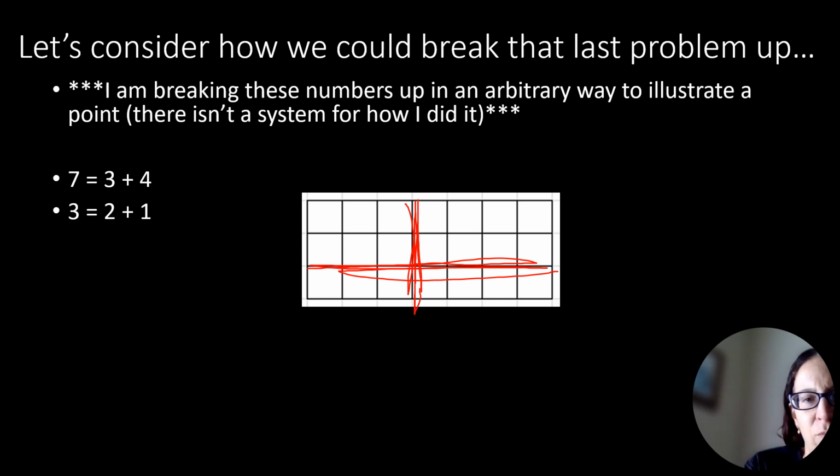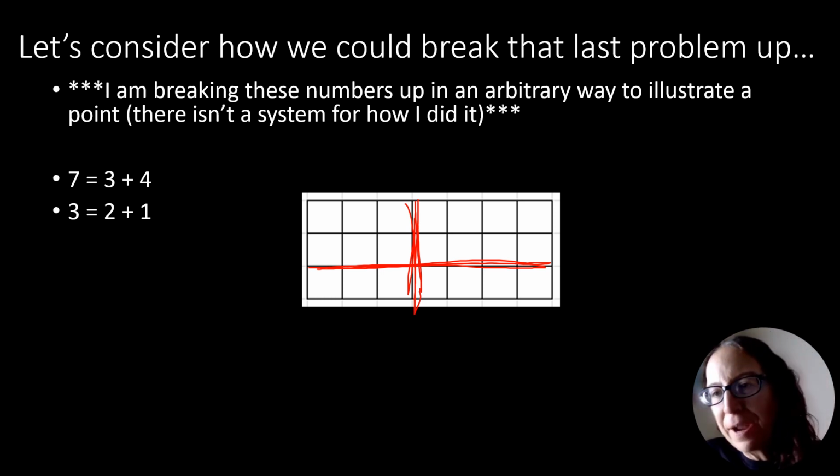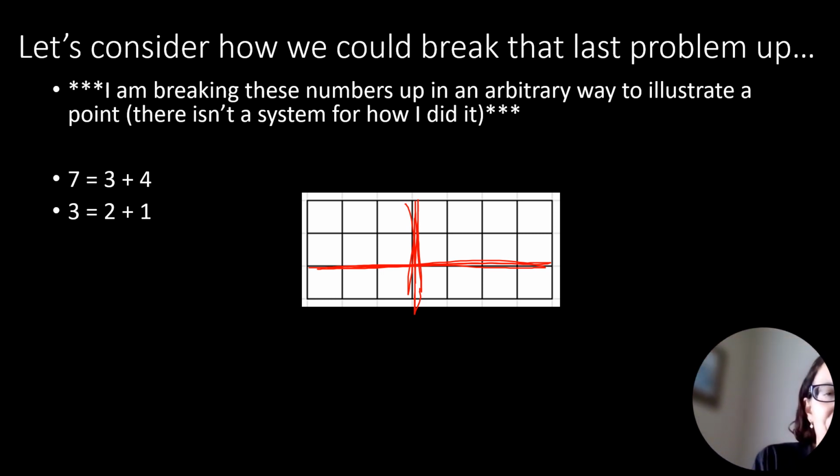Whoops, that got a little bit messy there. Again, I could have picked different places to put this line. Now, if I look at it this way, I have 3 plus 4 here, and then 2 plus 1.